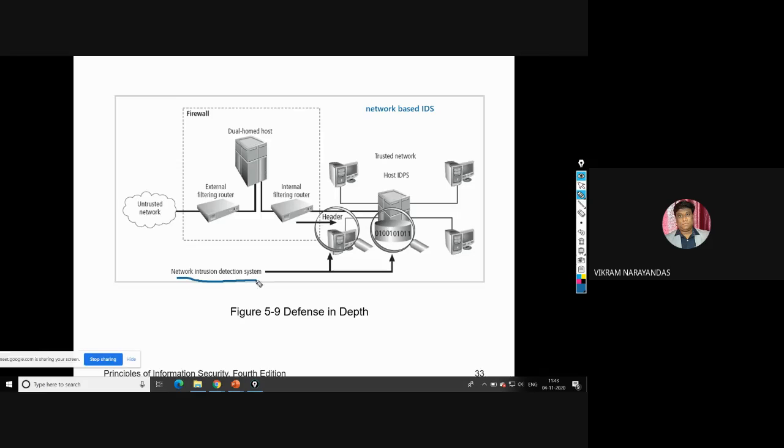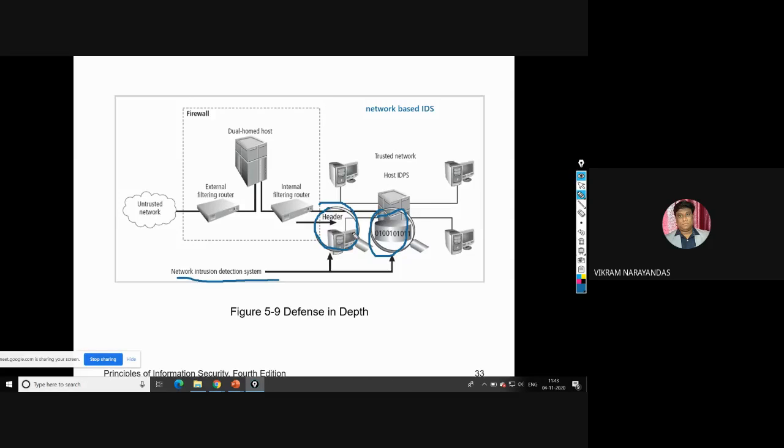The network intrusion detection system looks at the patterns of network traffic, what is the traffic flowing between the trusted network as well as the untrusted network, to attempt to detect unusual activity based on the previous baselines. So network-based IDS is nothing but looking at the patterns of network traffic and attempting to detect unusual activity based on the previous baselines.